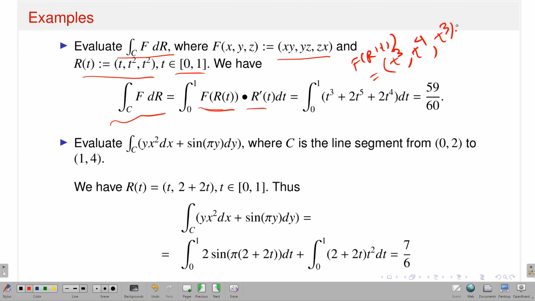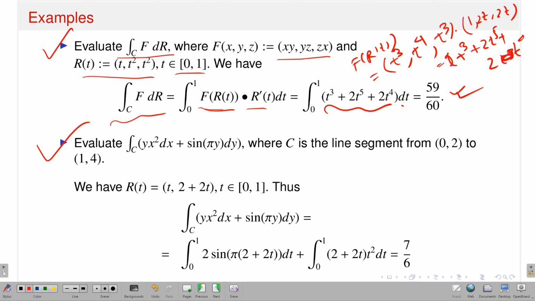Dot product with r prime of t, which is 1, 2t, 2t. What is the dot product? It is t cubed plus 2t to the 5th plus 2t to the 4th, and that is this one. Then dt, you just calculate it, it's very simple integration. It turns out that the value will be 59 by 60. Okay, this is the first example.